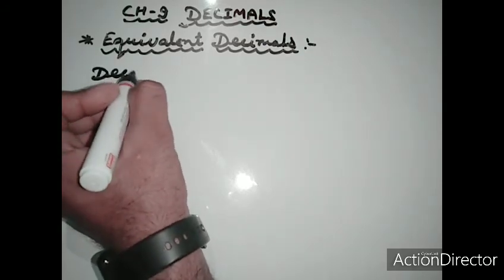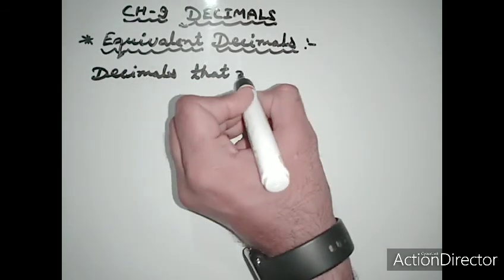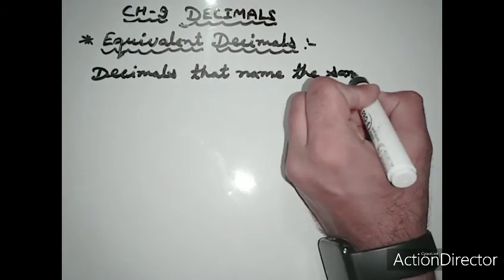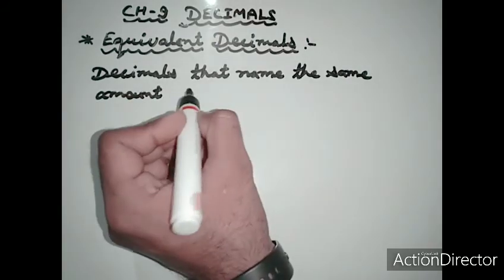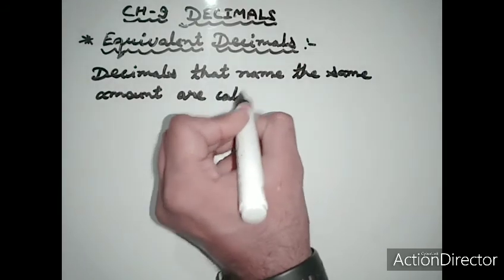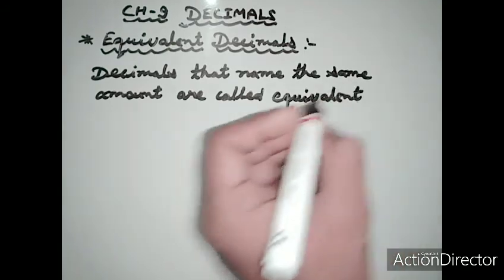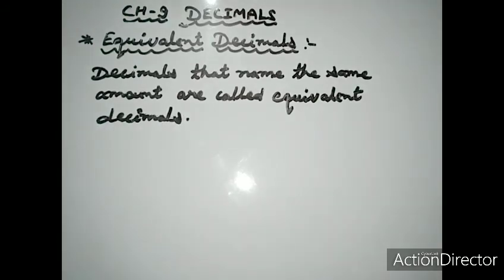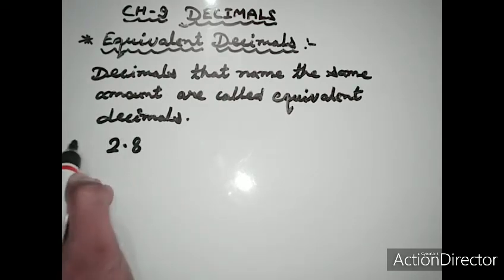Right, here we write: decimals that name the same amount are called equivalent decimals. For example, here we write 2.8.